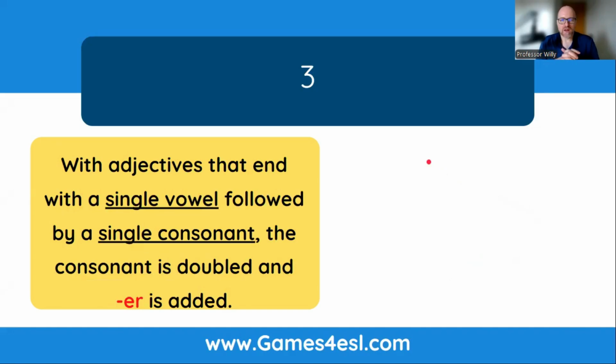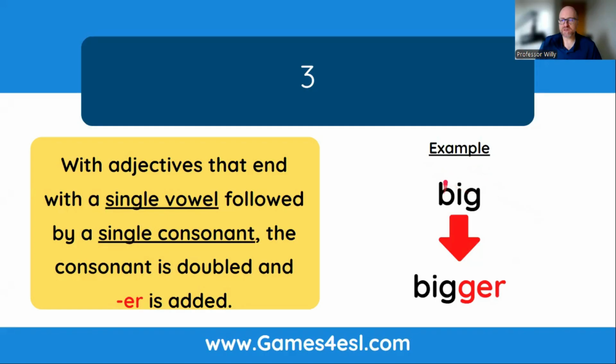Now, with adjectives that end with a single vowel followed by a single consonant, this is what we call CVC, consonant, vowel, consonant. The consonant is doubled and ER is added. What does that mean? That means CVC, consonant, vowel, consonant, then we double that last consonant and it becomes bigger.